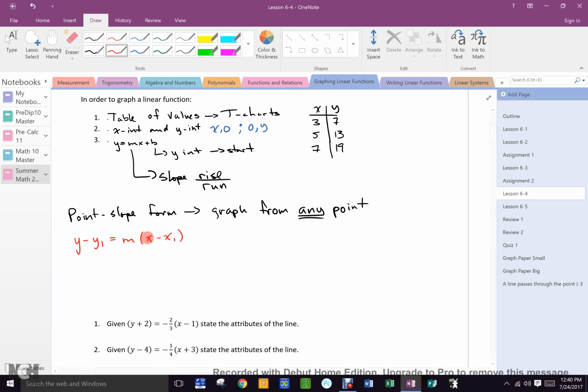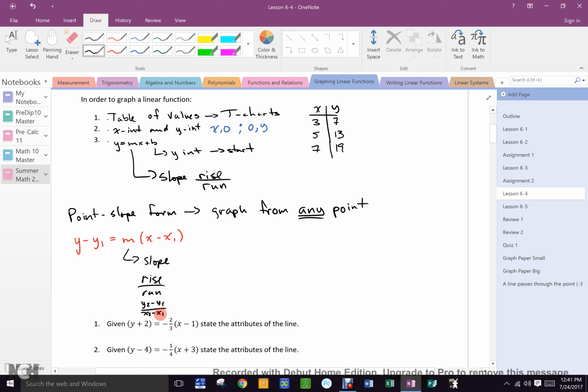Everybody with me? Okay. So what you need to know about this, you already know what m is. M is still slope, which means it's everything slope is. It's still rise over run, and it's still y2 minus y1 over x2 minus x1. Slope is all those things.